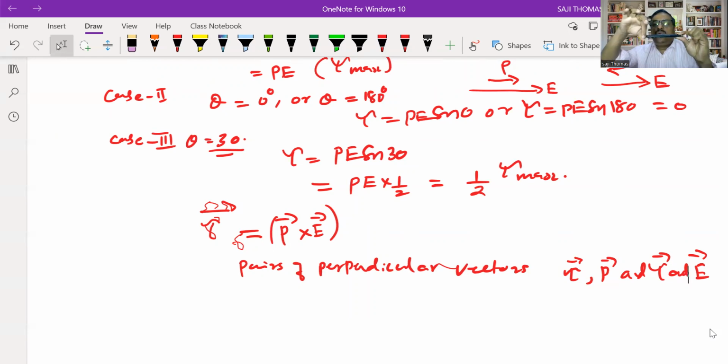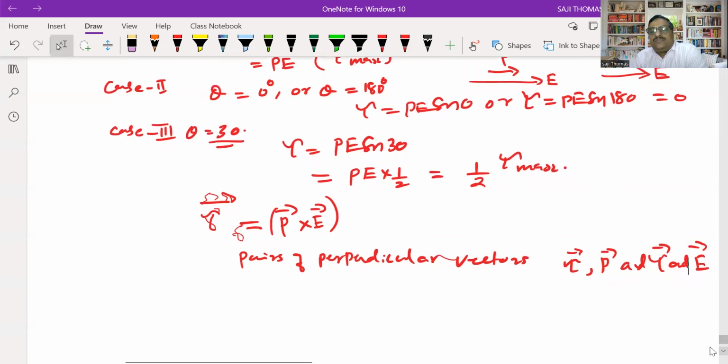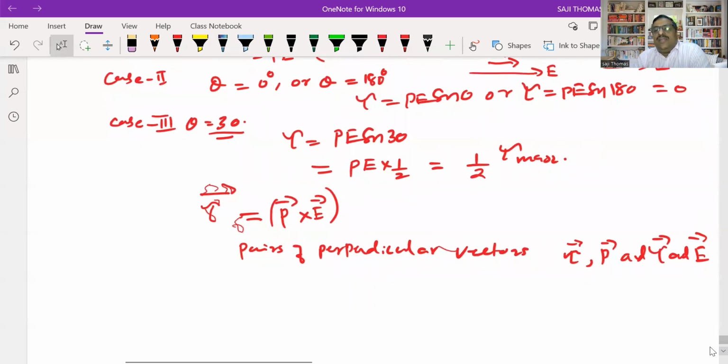If you want to rotate it against the field direction, you need to do work. This work done is stored as the electrostatic potential energy of the system. So now, in a small derivation, we are going to derive the equation for the electrostatic potential energy of a dipole.